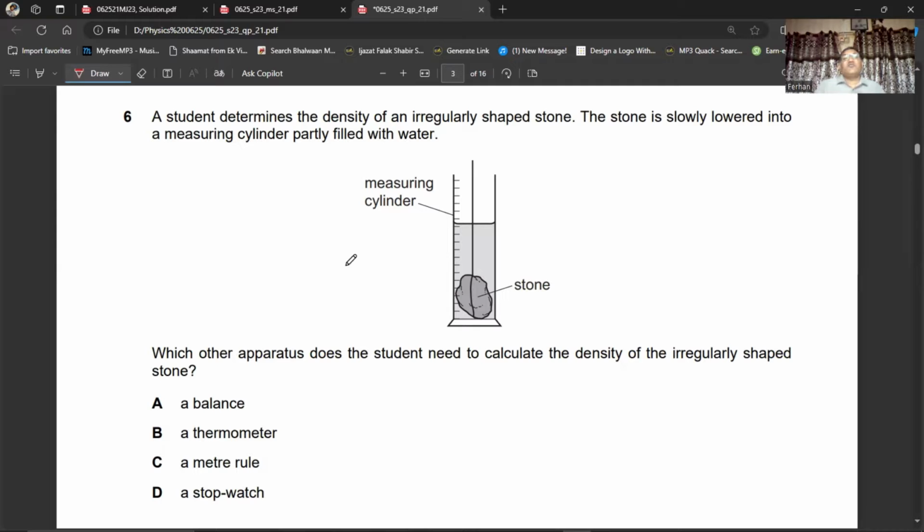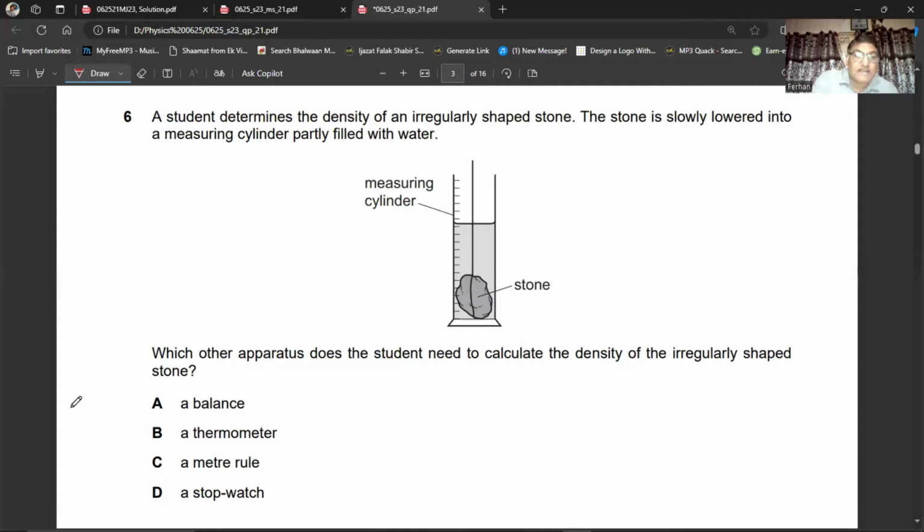Which other apparatus does the student need to calculate the density of the irregularly shaped stone? To find the density of an object, you need mass and volume. From the measuring cylinder, we find the volume, and for mass, you need an electronic balance or balance.